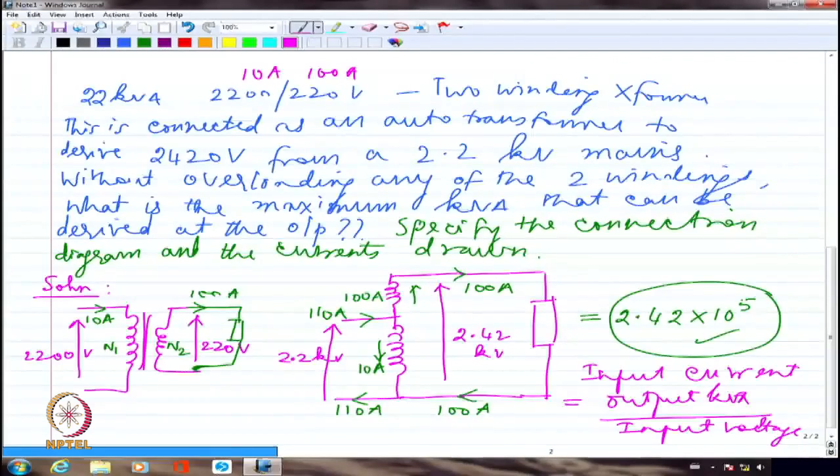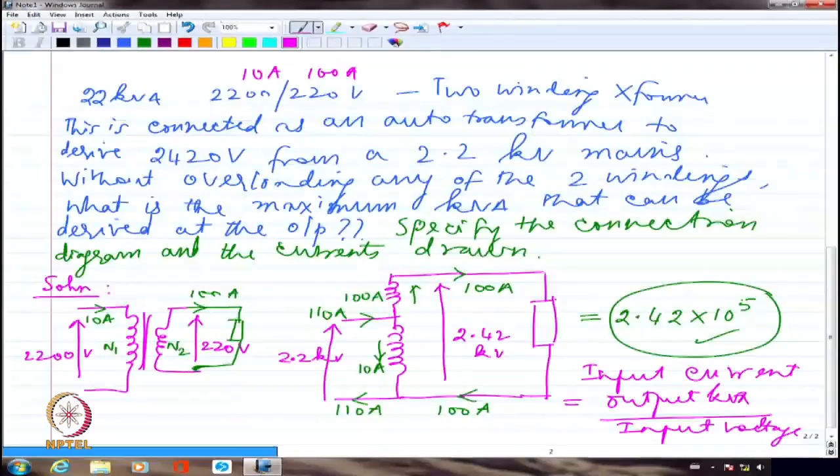Mind you, the primary winding is still handling only 2.2 kV multiplied by 10 amperes. Nothing more than that. So it is handling only 22 kVA. Similarly, the output winding, the secondary winding is again handling only 220 volts multiplied by 100 amperes, which is again 22 kVA.